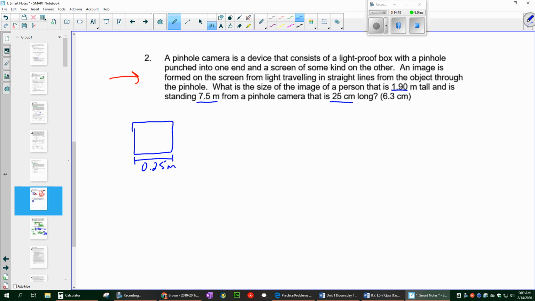Our person is standing over here, and from here to here is going to be 7.5 meters.